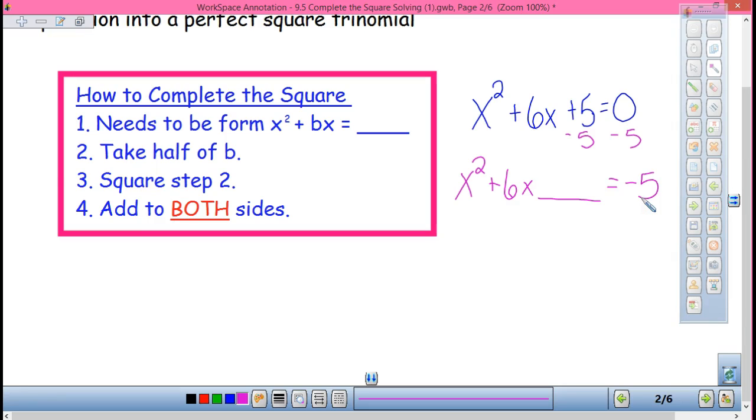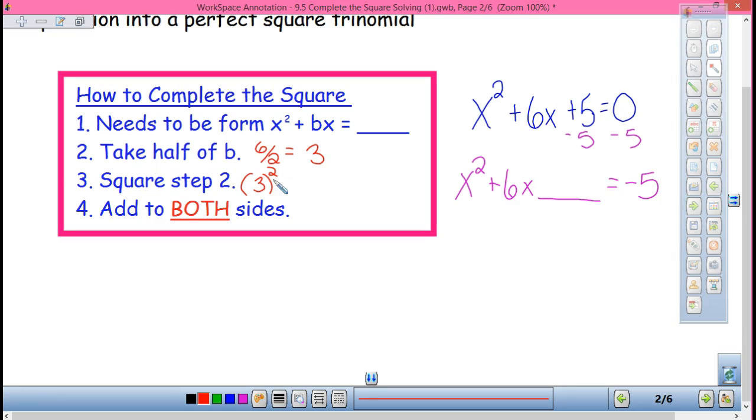Alright, now it says to take half of b. Well, what's my b? It's not 6x, it's 6. So if I take half of 6, I get 3. Then I have to take that number and square it. So 3 squared gives me 9.